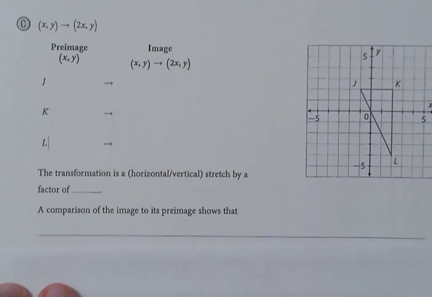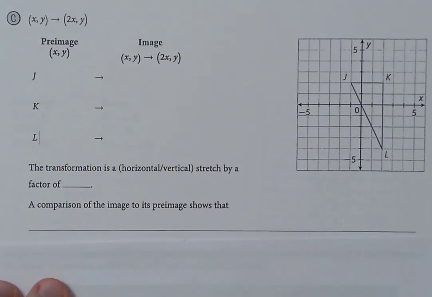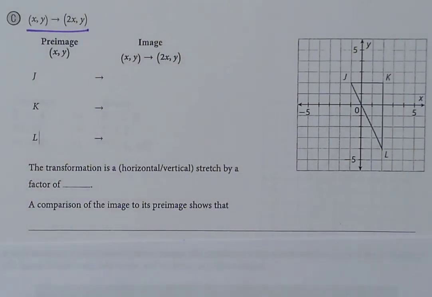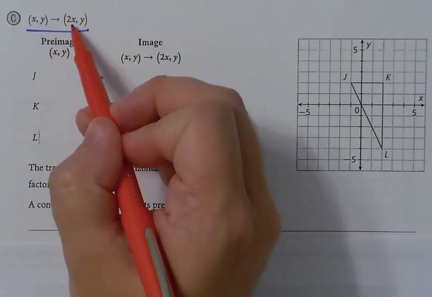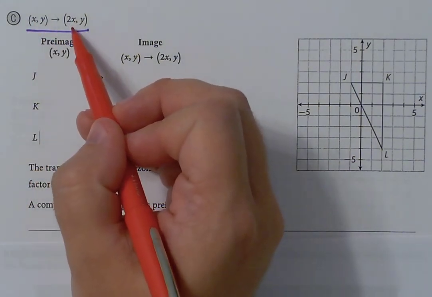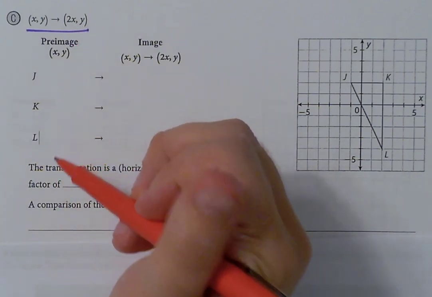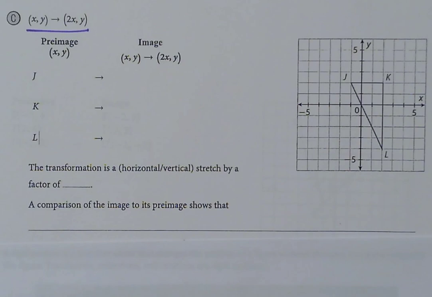So in part C here, our coordinate notation is x comma y goes to 2x comma y. So again, I want to go through and talk about what each of these mean. What this part means is that x, what you're going to do is multiply it by 2, and then the y is going to stay the same. Now, the pre-image, so the points, they don't give us on this one.